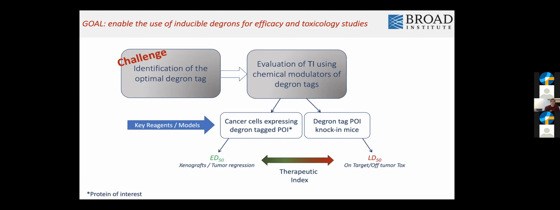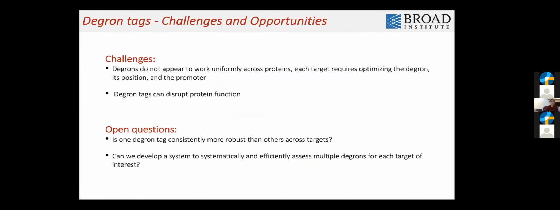This is just the identification of the optimal Degron tag. It's a process that is much easier said than done. At least at Broad, we found that it's unclear at the very start of such a project which Degron to choose among the many different technologies, where to clone it, whether at the N or the C terminus of our protein of interest, and which promoter to use that will actually reach the exact expression level that is needed to phenocopy the function of the protein of interest.